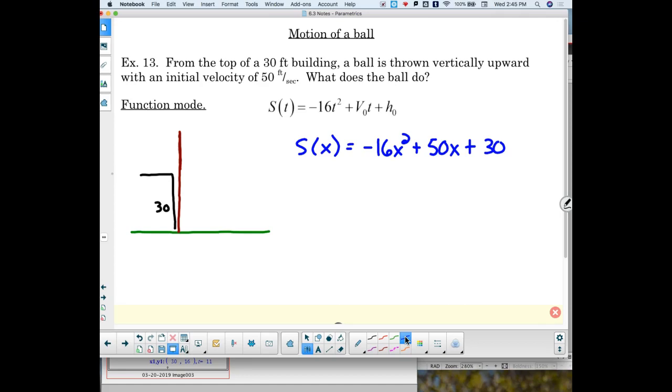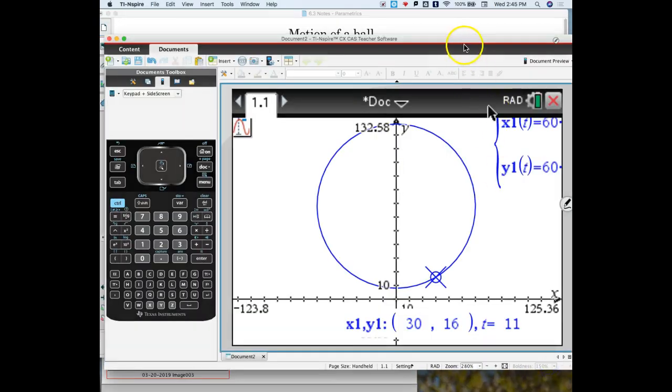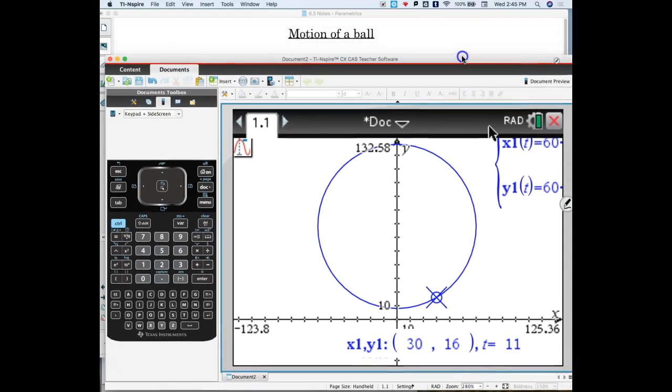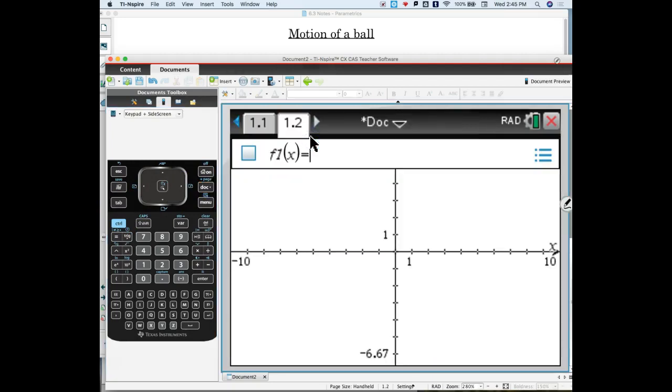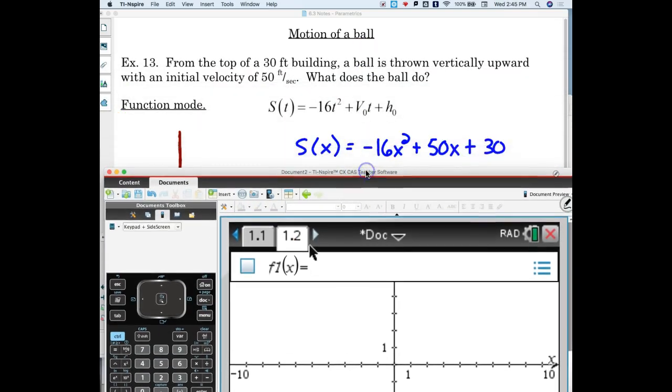So what I would like you to do now is start a new page on your calculator. Control doc gets me a new page, a new graph, and since it's a function, that's the function I want us to graph right now. So it's negative 16x squared.